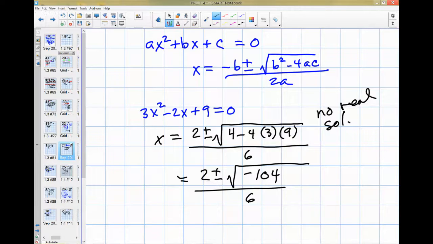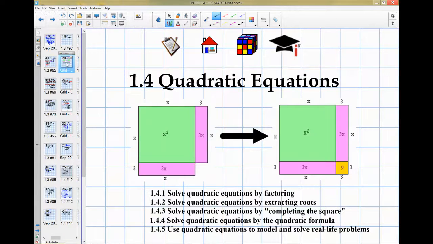So now, let me just recap here. We actually have gone through 4 ways to solve a quadratic. I'm going to go back and refer to my list again. The first one was, if it's equal to 0, start trying to factor.